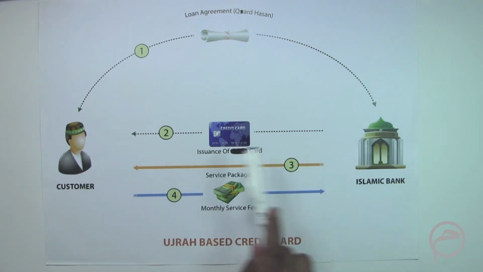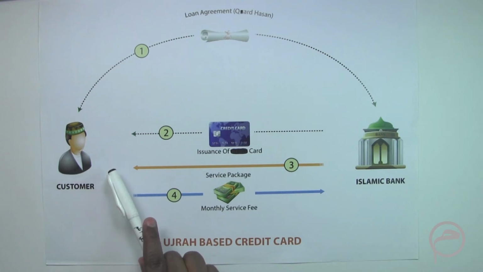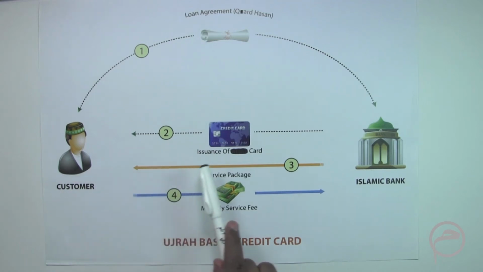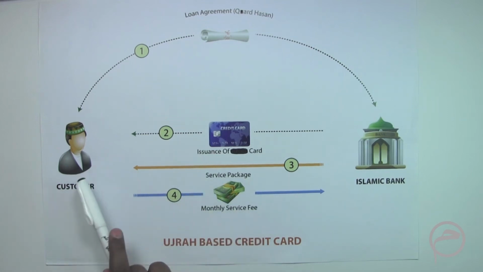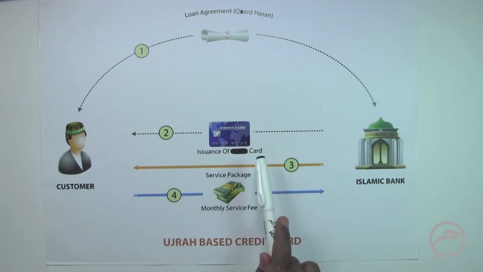Then the Islamic bank issues a credit card to the customer, and that agreement is basically a service ijara agreement, and the customer pays a fixed monthly fee to the Islamic bank for providing those services.